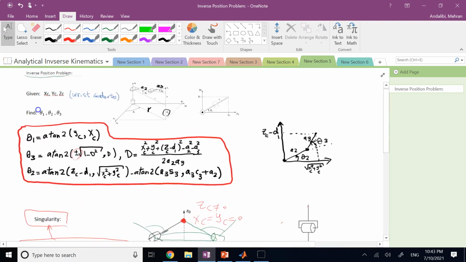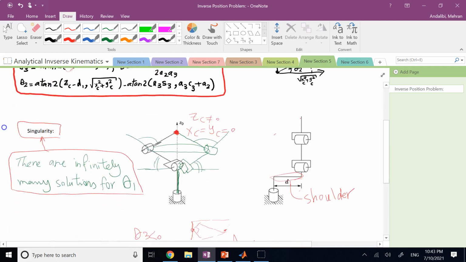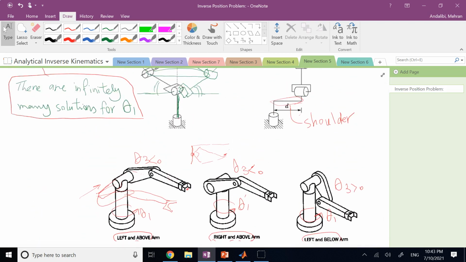Now the only thing is, why is it that you get 2 theta 1s out of this quadrant corrected xc and yc? Well, if you remember, if you go back to one of these pictures that I made for you here, you can see why, right? So this is the base of the robot. The point I want to reach is here in the first quadrant. And as I told you, one way to access it is with something like this.